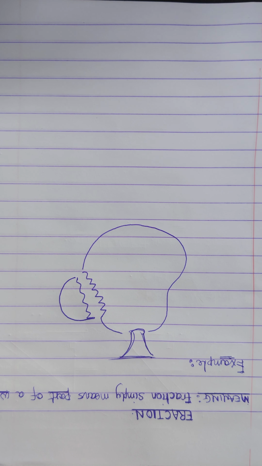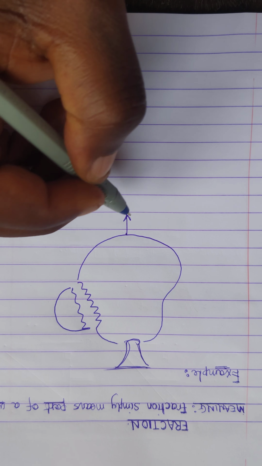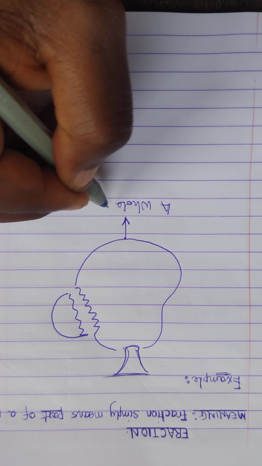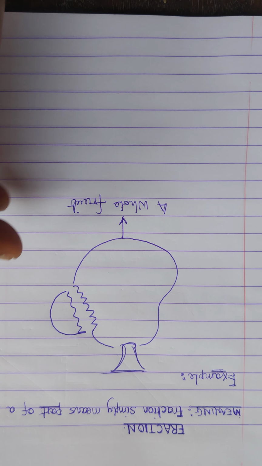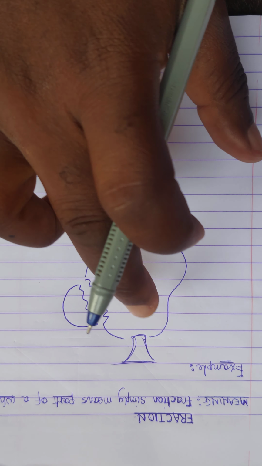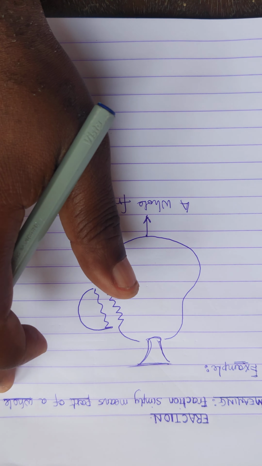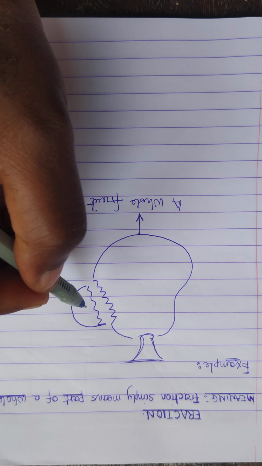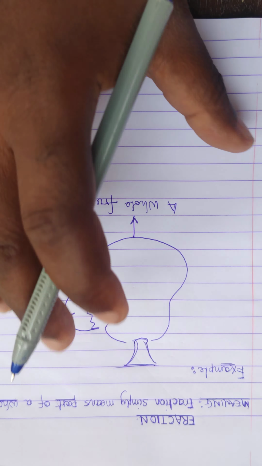So imagine a fruit. This is just a whole fruit. Just one fruit. Trying to understand why we said fraction simply means part of a whole. And so this is a whole fruit. But look at this part that has been taken out of the whole.